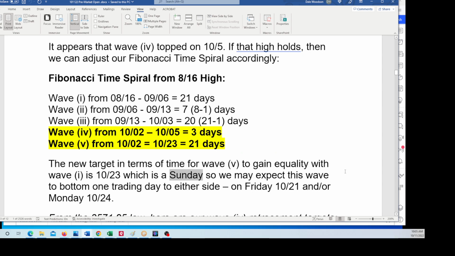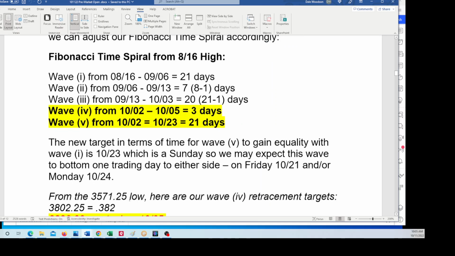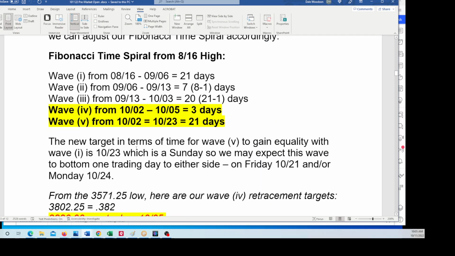So we might expect this wave to bottom 1 trading day to either side, Friday 10/21 or Monday 10/24. That's where we had that crash alert anywhere from 10/21 to 10/28 in that time frame.